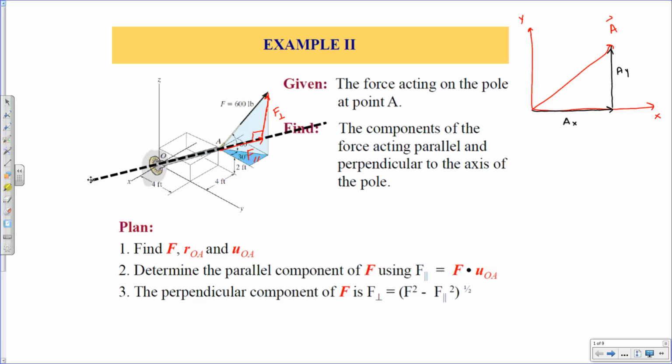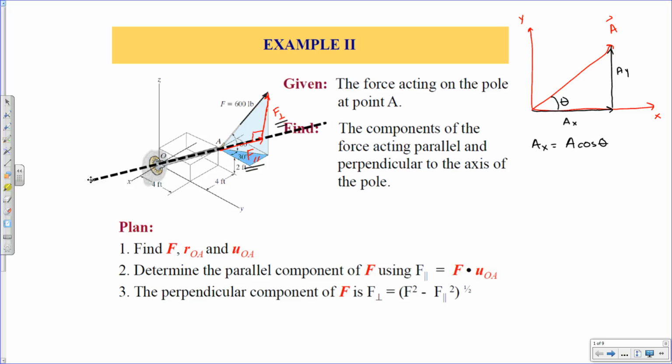Recognize that the x component of my A vector is pretty much what I just drew for F parallel over here. And A sub y is no different than F perpendicular. If I were to give you an angle theta, then you would know immediately how to solve for A sub x. A sub x is simply the magnitude of A times cosine theta.